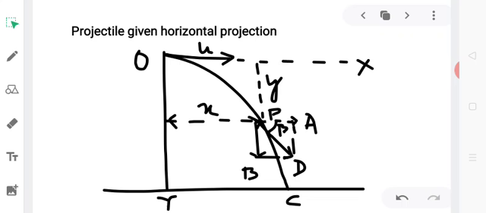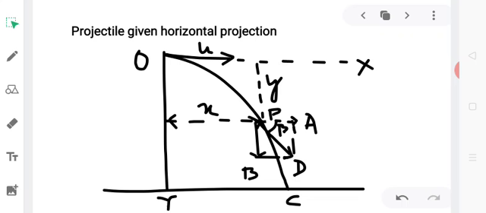For that, you need to refer to the picture. Let us consider OX, a horizontal line parallel to the ground, and OY is a vertical line perpendicular to the ground.